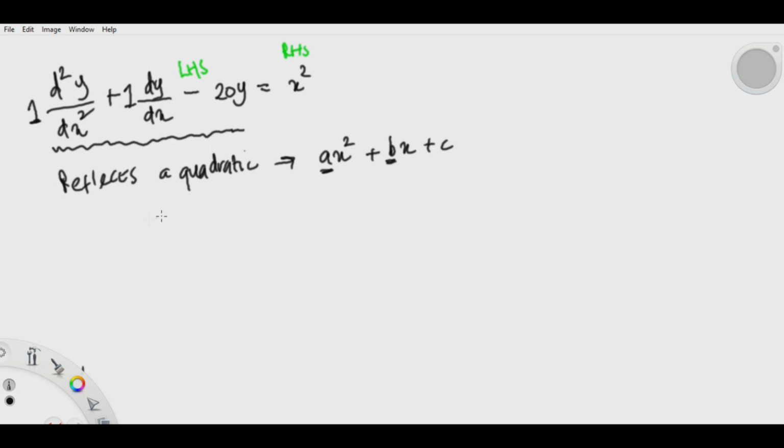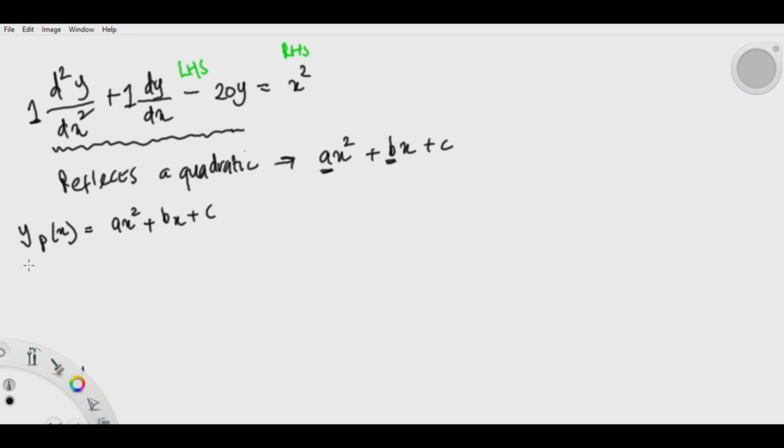Now what we're going to do is say that y subprime p of x equals ax squared plus bx plus c. I'm just going to check if the mic is working. I think it is. Yeah, it is. So y subprime p of x equals ax squared plus bx plus c.